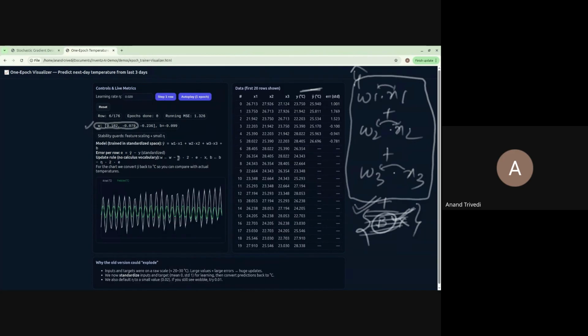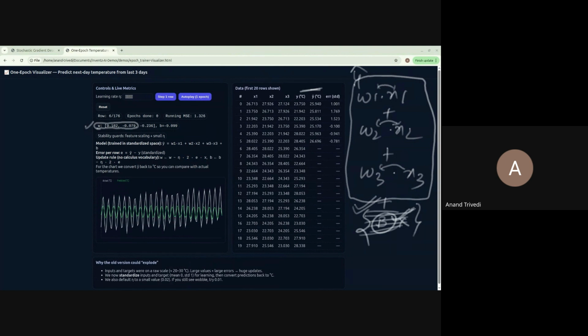Now there is one more important thing, the learning rate. Try to understand, this is nothing fancy here. You just need to understand how much you want to update your weights, how fast you want to update your weights.